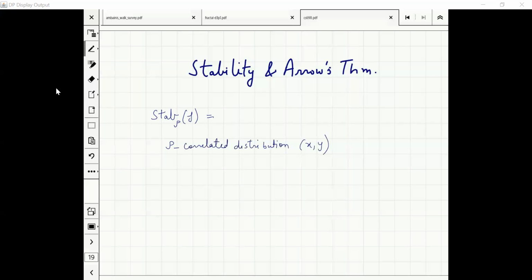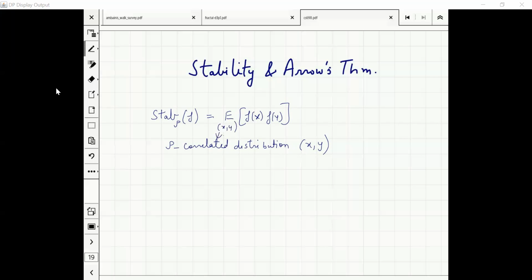And with this rho-correlated distribution, the stability rho of f was checking whether the value of f(y) changes very soon if we change x to y. So over this rho-correlated distribution, what is the expected value of f(x) times f(y)?